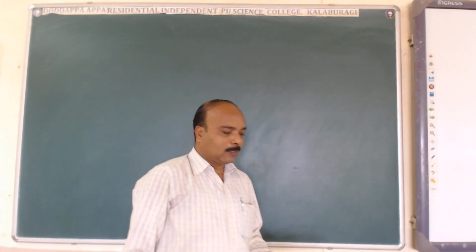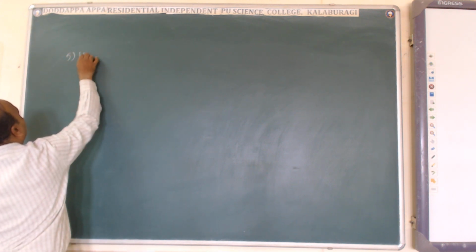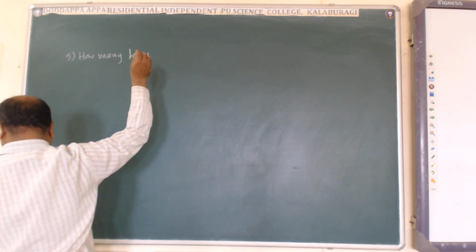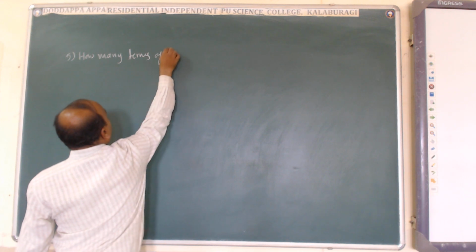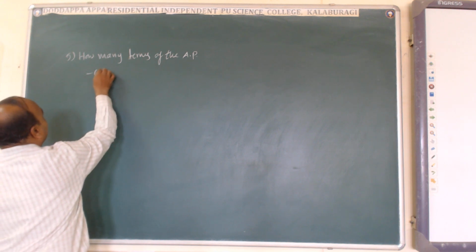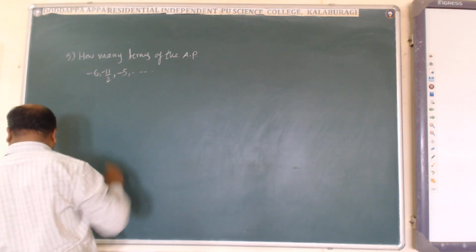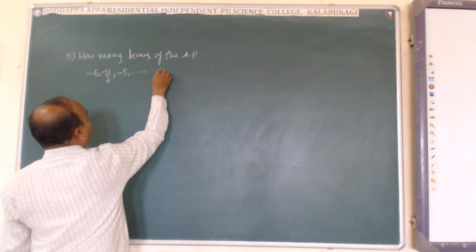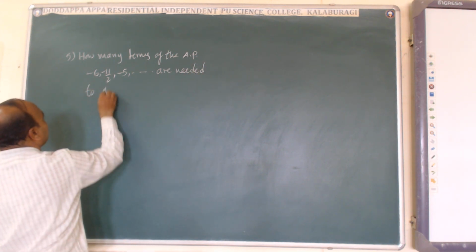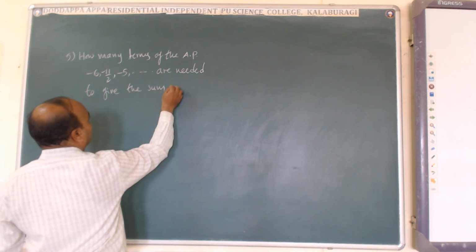Next we go for another example. How many terms of the AP minus 6, minus 11 by 2, minus 5, and so on, are needed to give the sum minus 25?